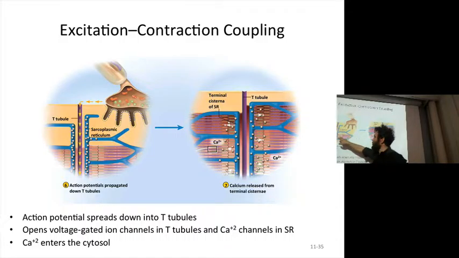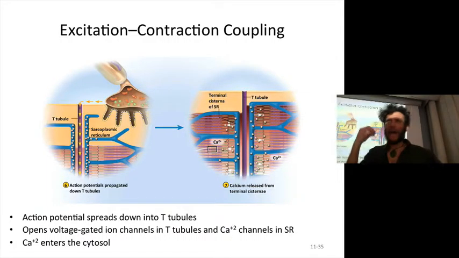This depolarization in this membrane right here, adjacent to the terminal cisterna, causes these voltage-gated calcium channels to open up in the terminal cisterna of the sarcoplasmic reticulum, and then release calcium into the sarcoplasm.